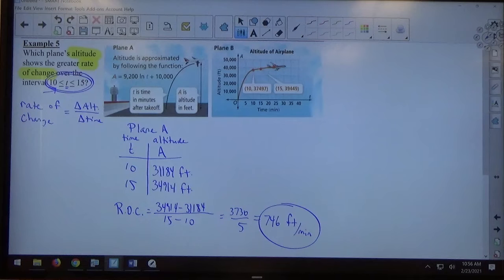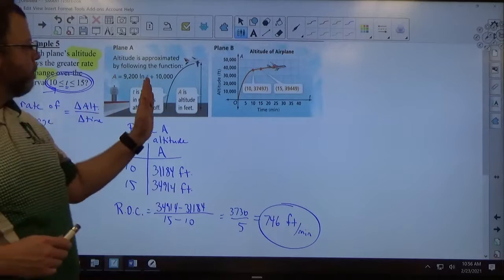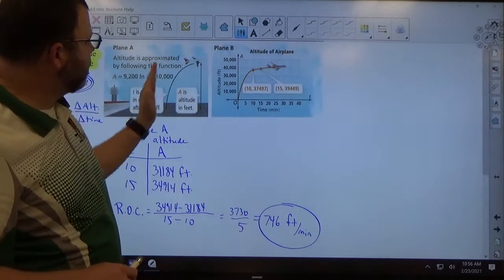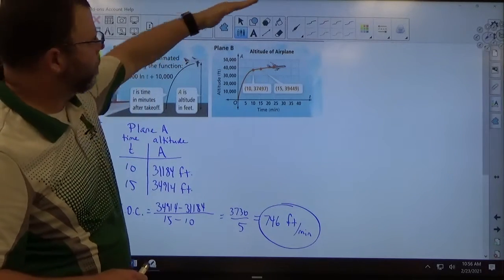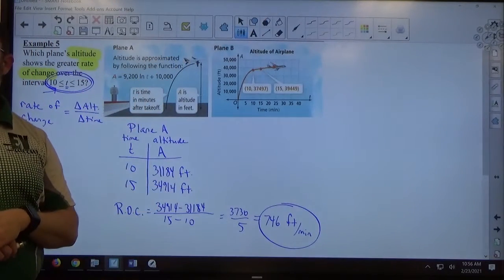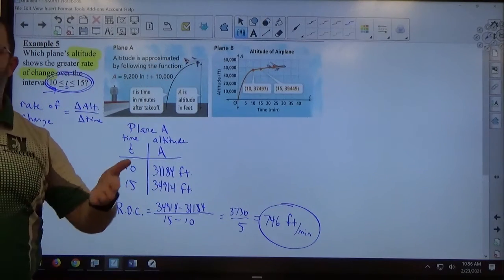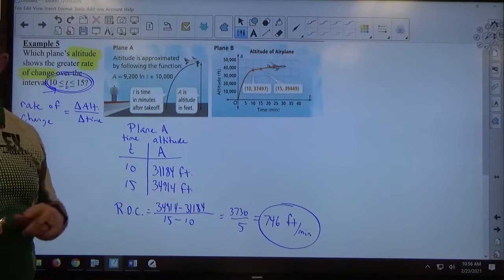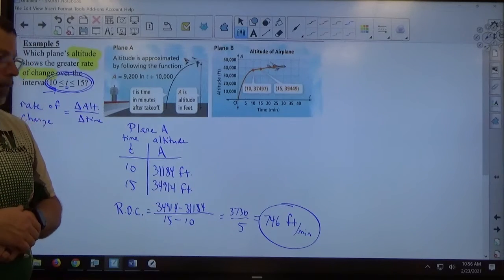So if you're in this plane, your altitude is increasing by 746 feet every minute over that part of the flight. As you can see from this picture, it's not a straight line, so it's rapid, then it starts slowing down, but the average rate of change is the 746 feet per minute. In that 5-minute span, you raised up 3,730 feet, so you averaged 746 feet per minute.